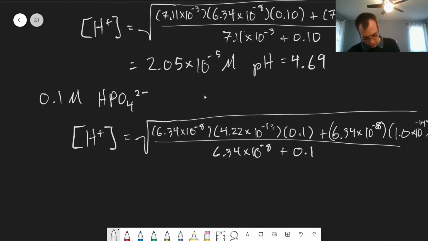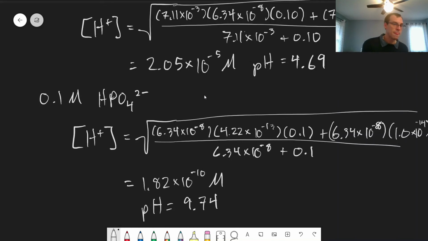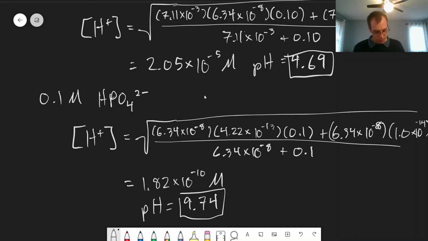We get a value of 1.82 times 10 to the minus 10 molar. And if we plug that into the pH equation, we get a pH of 9.74. Okay, and now we get something that's a little bit basic, whereas here we've got something that was a little bit acidic, which is what we'd expect based on the Ka values for phosphoric acid.